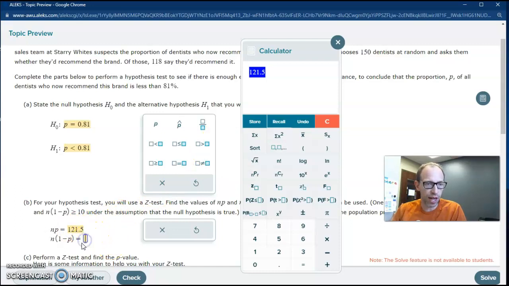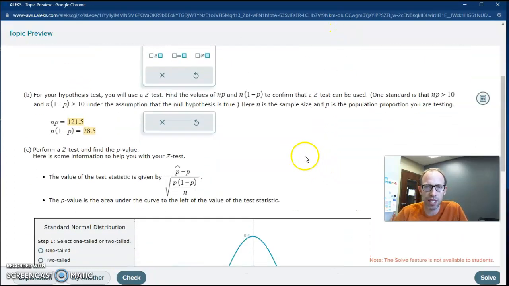And n times 1 minus p, where 1 minus p would be 0.19: 0.19 times the sample size of 150 is 28.5. The general rule of thumb is we'd like both of these numbers to be at least 10, and we certainly are here.